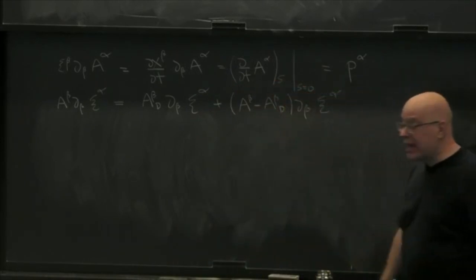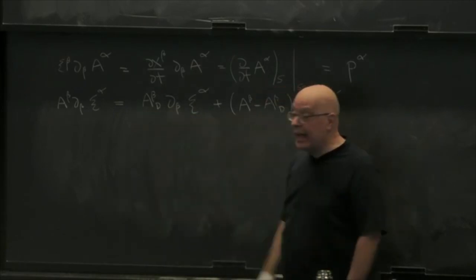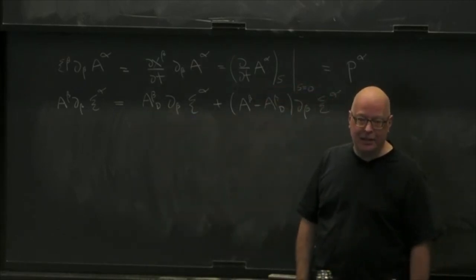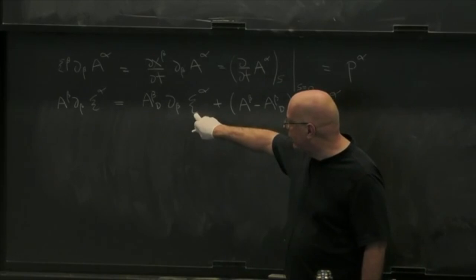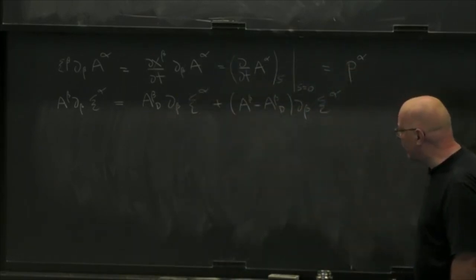So that's just an identity, and the reason why I'm writing this is because this is something I can identify as the S derivative of the xi vector. So that's something that can be expressed along the lines that we had up here.